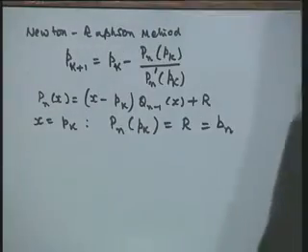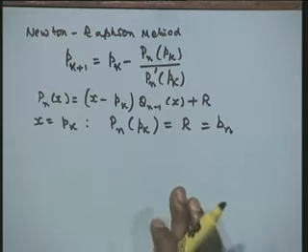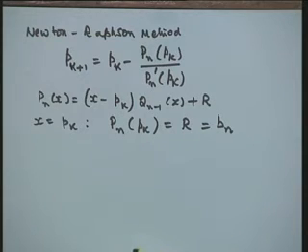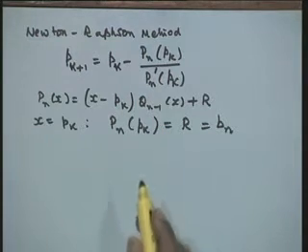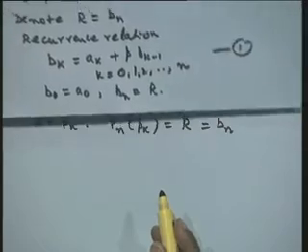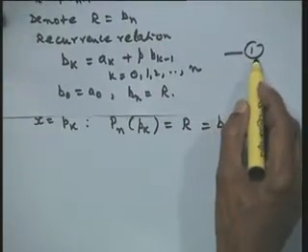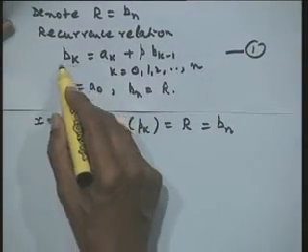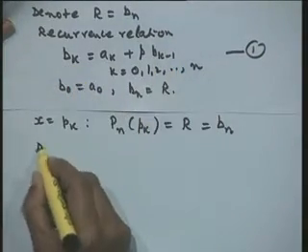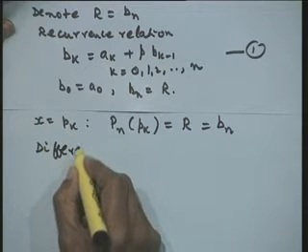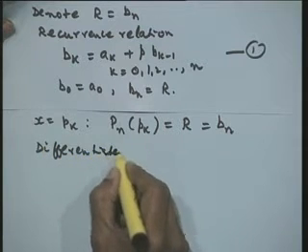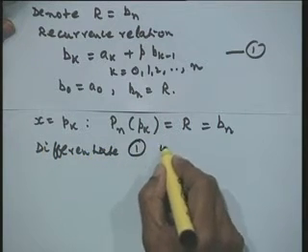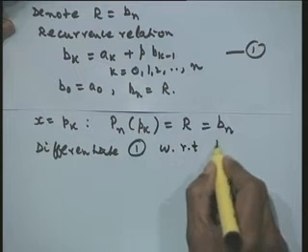Now, I want the denominator, that is Pn prime of pk. To get this, it is a very simple and interesting procedure. I would take equation 1 and differentiate it with respect to p.